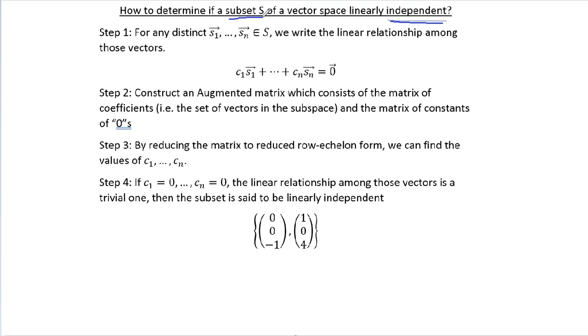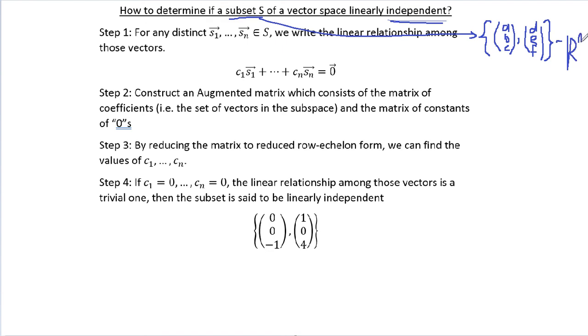So what is a subset? A subset is just a set of vectors of a space. For example, A, B, C, D, E, F. So these are the sets of vectors in a subset, where you get in R^n, n dimensions.